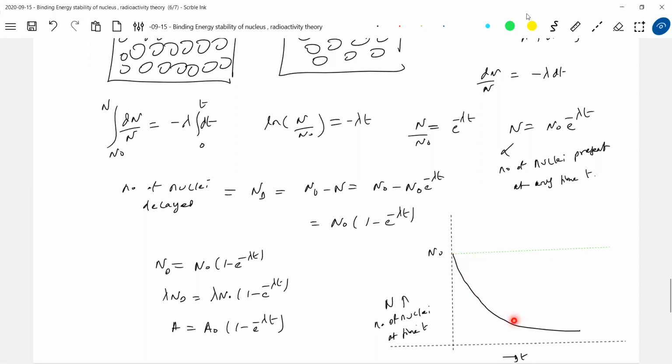Able to understand this activity? Oh, sorry, I should not multiply here. For the activity, I'll multiply this.